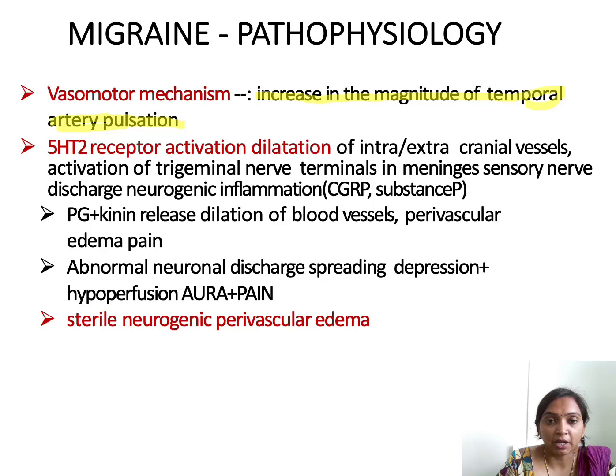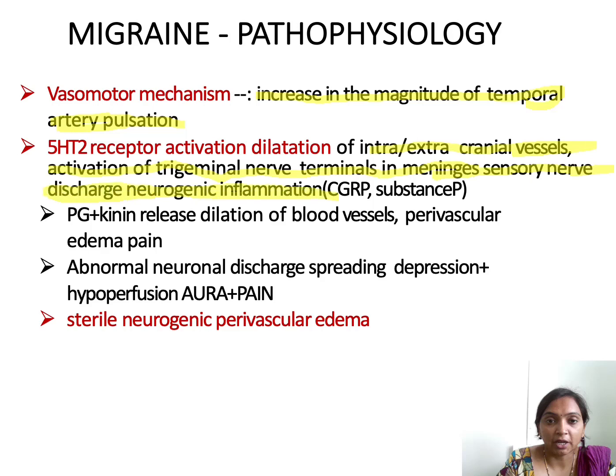The 5-HT2 receptor gets activated, and there is direct dilation of intra and extracranial vessels, and this activation will cause activation of trigeminal nerve endings in the meninges, and also sensory nerve discharge, leading to headache.